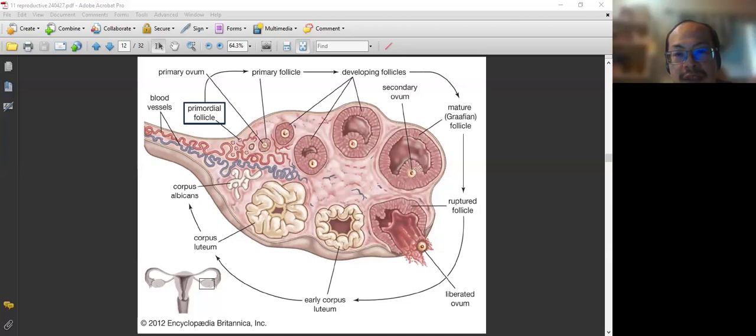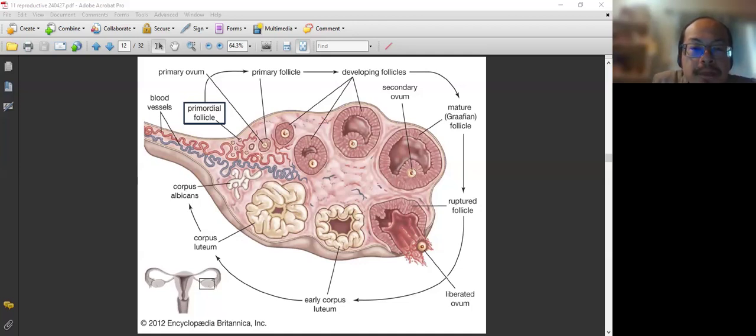So this is the oocyte, or when they are ready, ovum, just another name for oocyte. Usually ovum refers to the matured one, but here it says ovum, but that's okay. So it's oocyte. And these oocytes are the gametes of female.